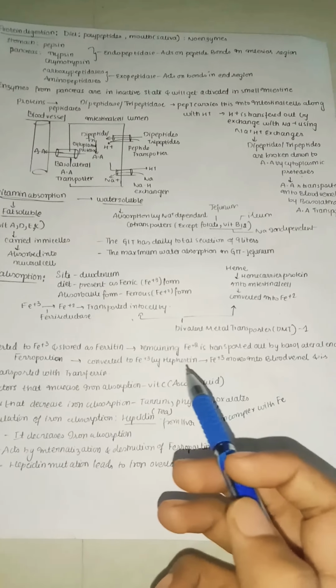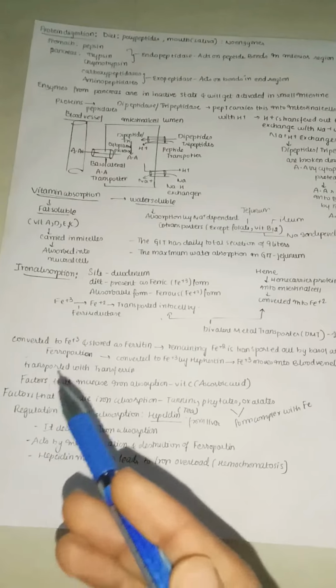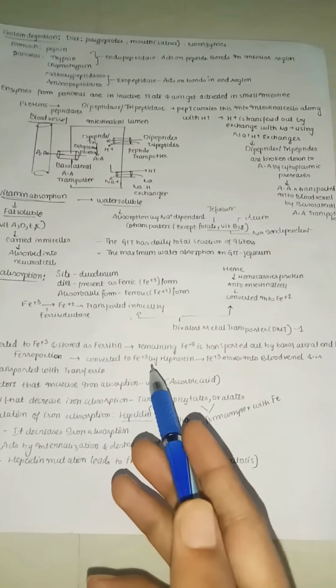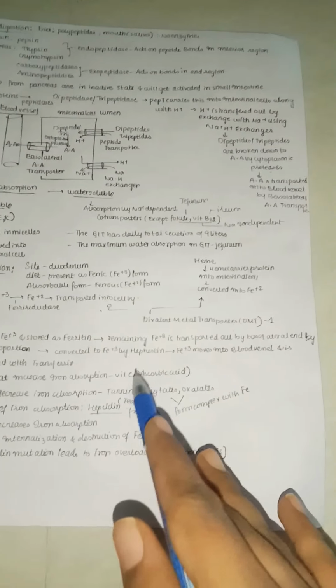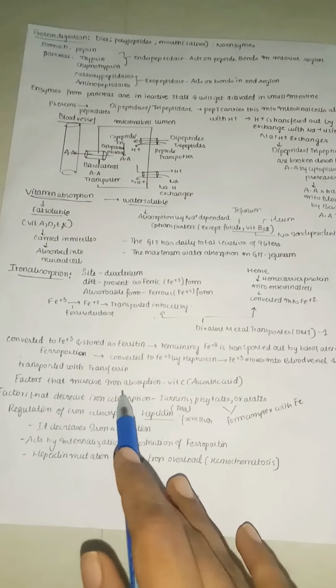You can see here. By ferroportin, the Fe+2 is converted to Fe+3 by hephaestin, and this Fe+3 moves into the blood vessel and is transported with transferrin.